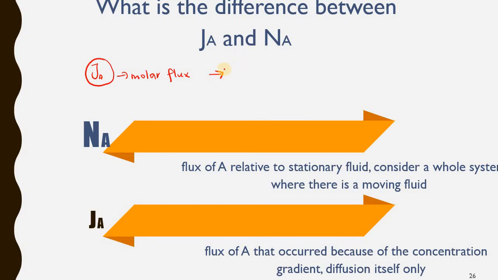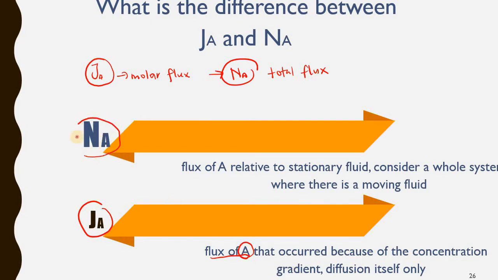On the convective diffusion, I introduced you to the NA term, which is the total flux. So what is the difference between JA and NA? JA is the flux of A that occurs due to the concentration gradient, which means that the component A diffused by itself, due to the concentration gradient.